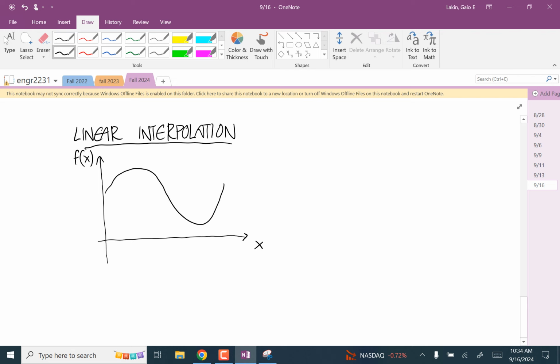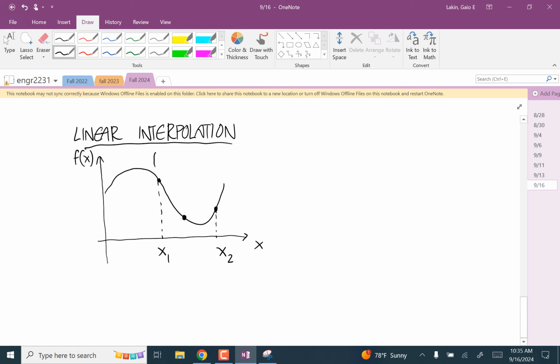We know these two values here and here, and we want to approximate the value here. I'm going to call this x1 and this x2.